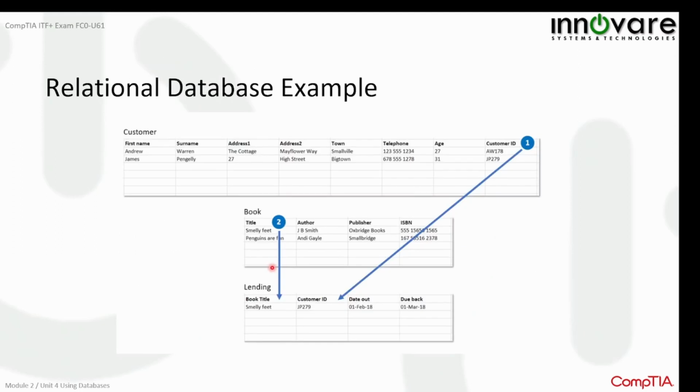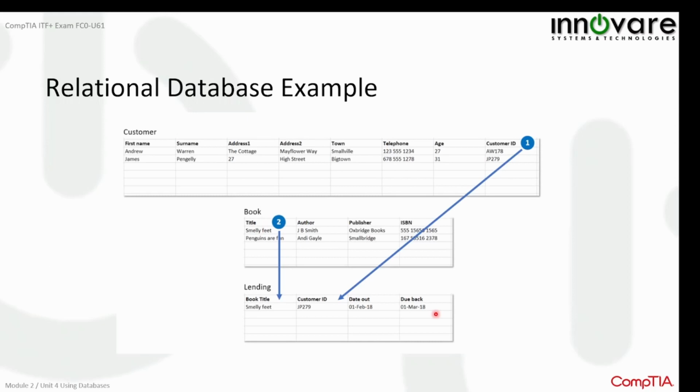And then let's take a look at this example, a relational database. We have a customer database that meron siyang first name, surname, and then address 1, and then meron din address 2, and everything, including telephone, age, and of course a customer ID. And then there's another database, book database, na andito yung title, the author, and then the publisher, and control number.